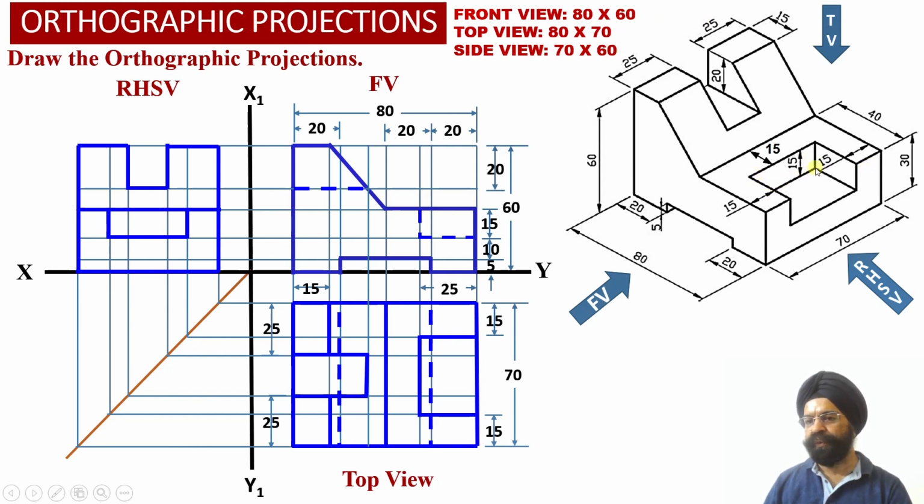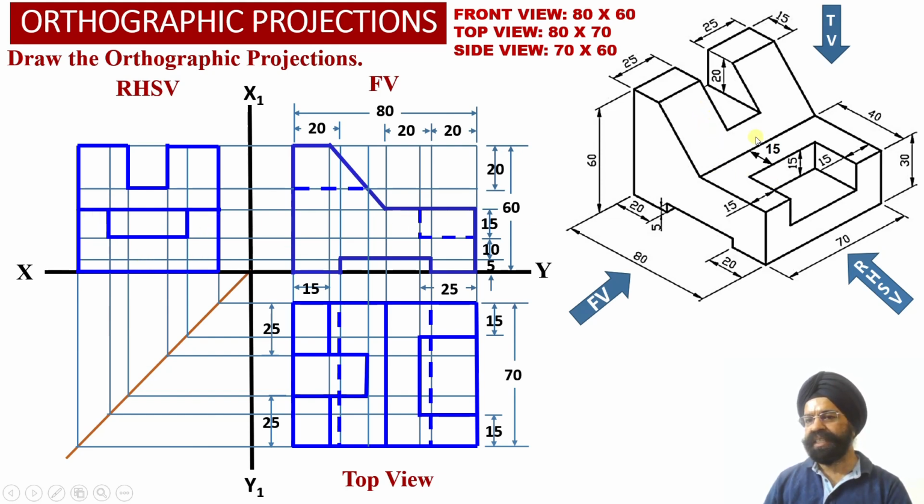Similarly, this vertical wall of the rectangular slot will also be visible to the observer as a true shape projection over here. So this surface is also projected as a true shape. It represents this surface of the rectangular slot. This U-shaped surface available on the right hand side portion of the solid is also visible to the observer as a true shape.